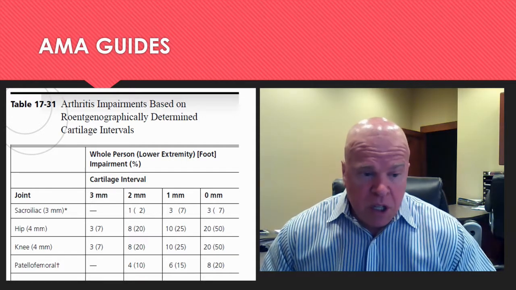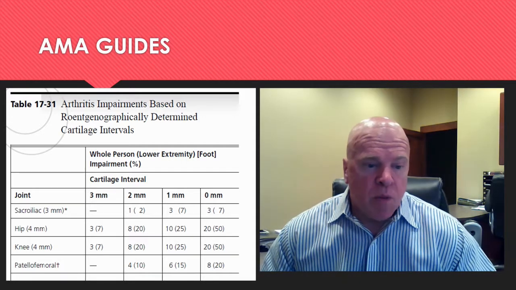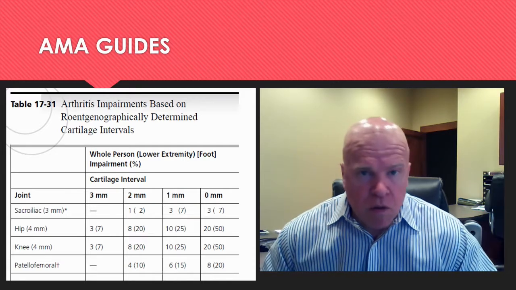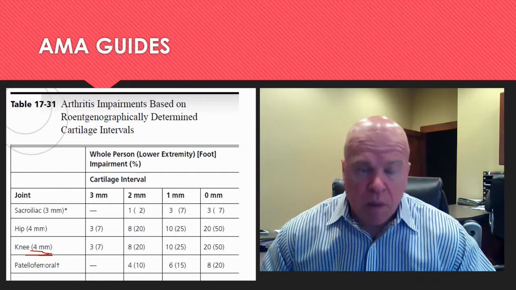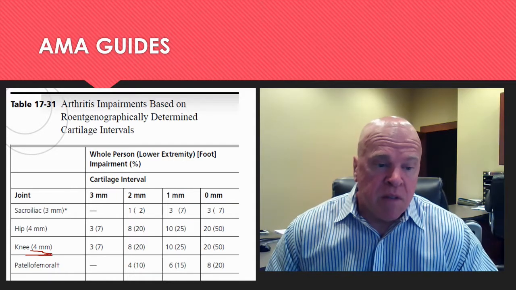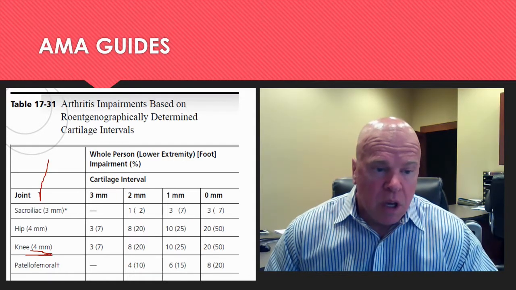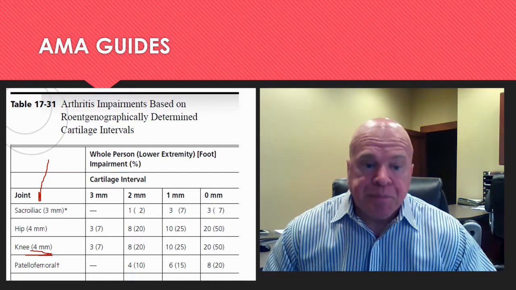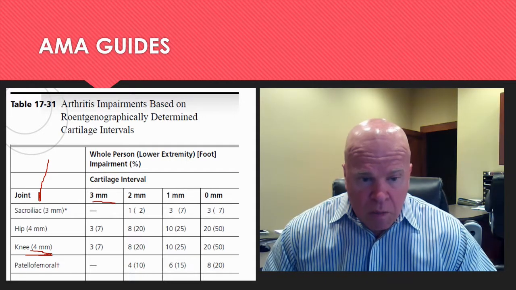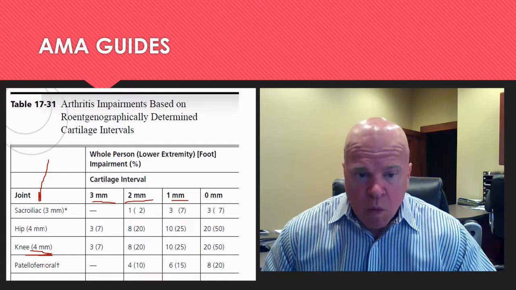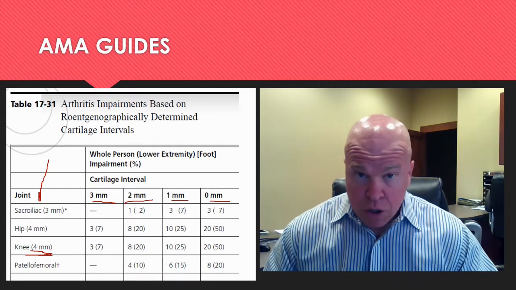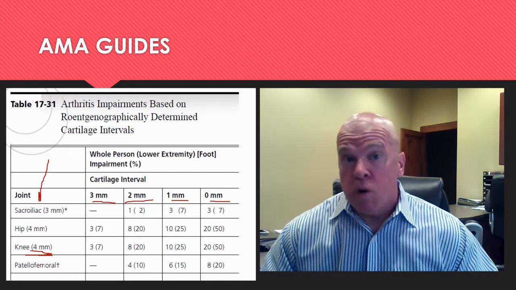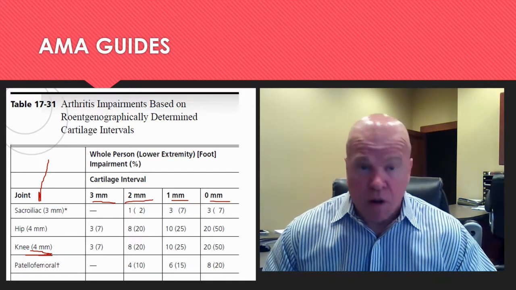So with regards to the knee joint, table 17-31 tells us that the normal cartilage interval of both the medial and lateral knee joint is 4 millimeters. They give us our normal range of values here in this column. In these columns, they tell us what is the permanent impairment rating associated with diminished cartilage intervals.